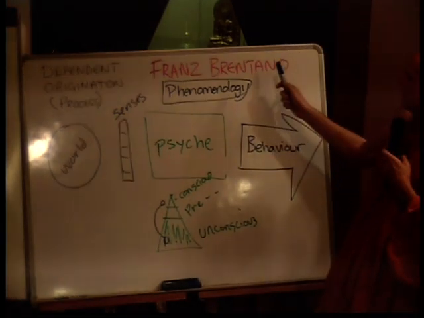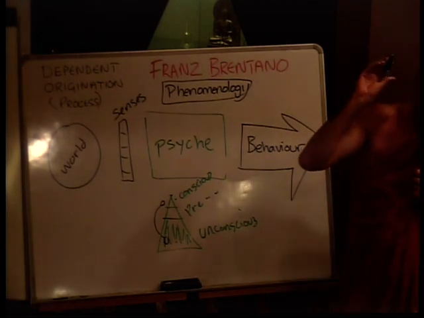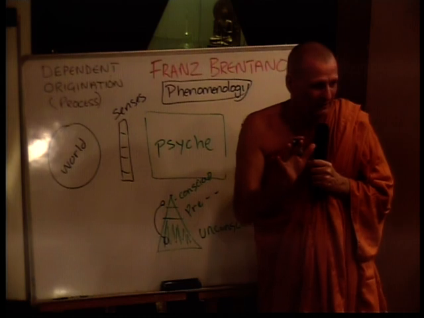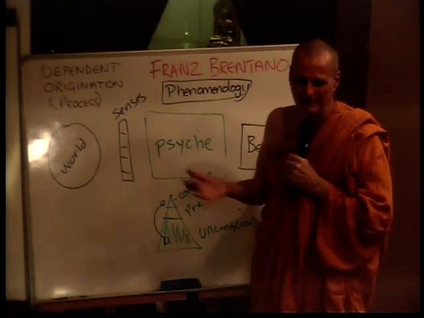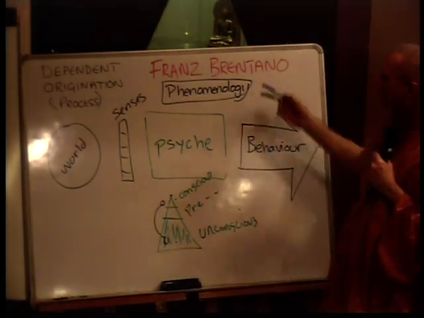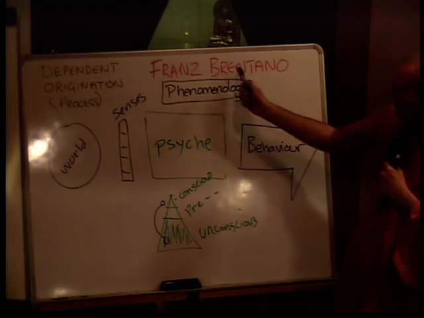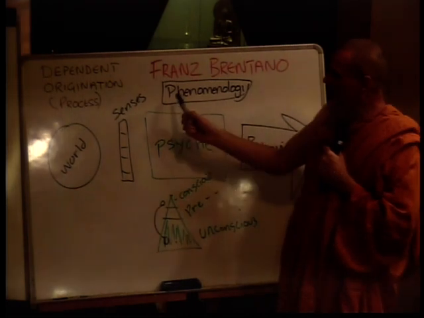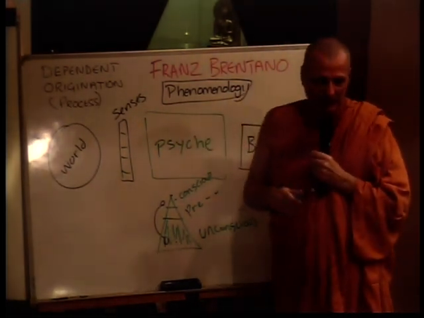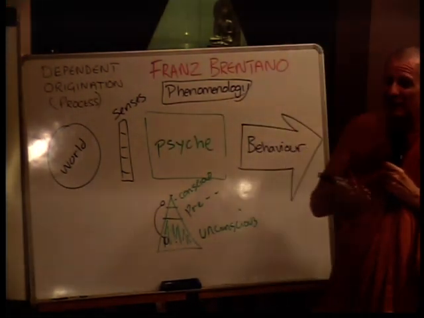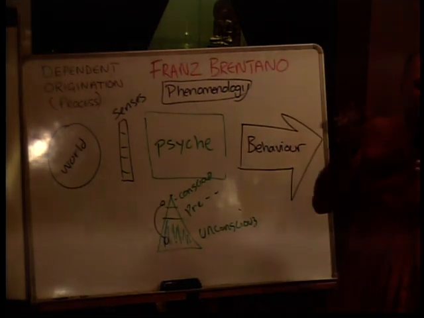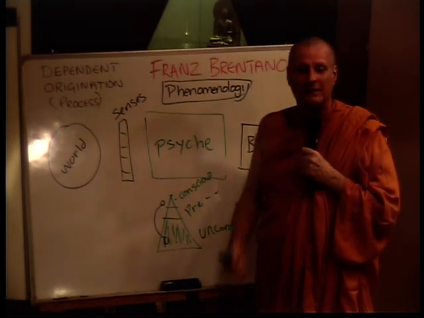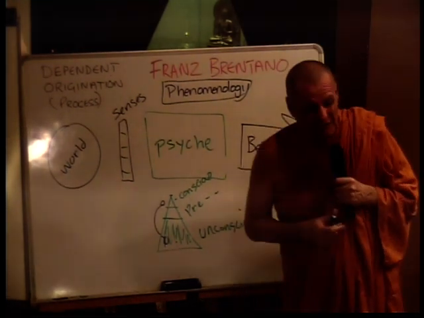Franz Brentano wanted to get to what people actually experience, not what they think about their experience, not their explanations and things like that. He taught Freud, and Freud got a lot of ideas from him. He taught Edmund Husserl, who started Phenomenology. He taught William James, who went over to the States and wrote some of the greatest early psychological texts, very difficult to read in my opinion.